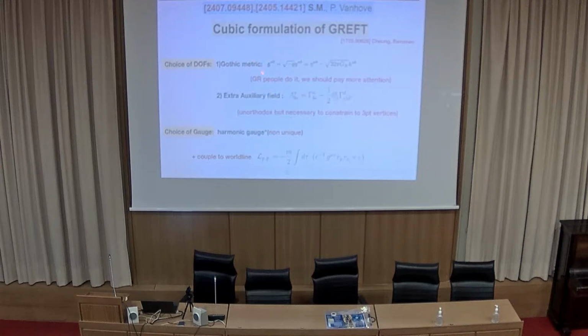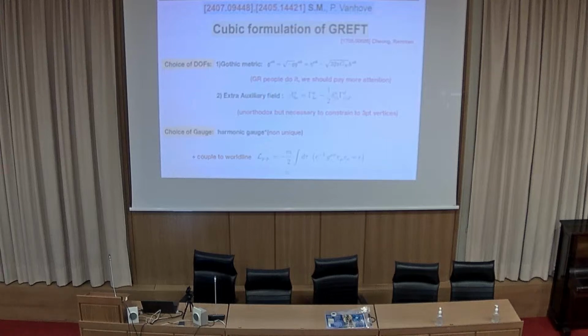But for us, the point is that we want to constrain to the 3-point. Again, we have to make a choice of gauge. Here, for the people that are a bit more familiar, they know that the harmonic gauge is not a unique choice of gauge. It's up to an integration constant. And in technical terms, this is super important in the end of the computation. But probably I will avoid this discussion unless somebody asks.